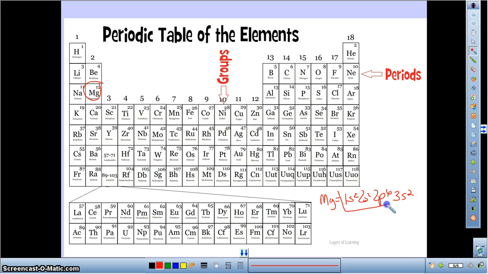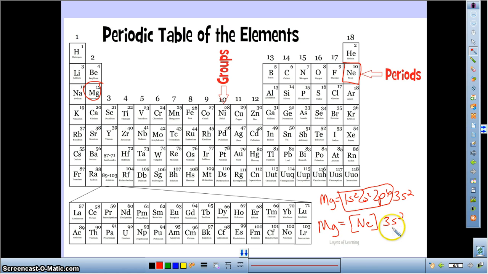But this electron configuration is that of the noble gas before it. So what I could do is write down magnesium, put a bracket, put Ne to represent the electron configuration of neon, and then 3s2.